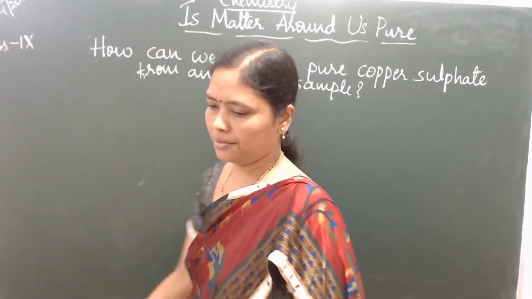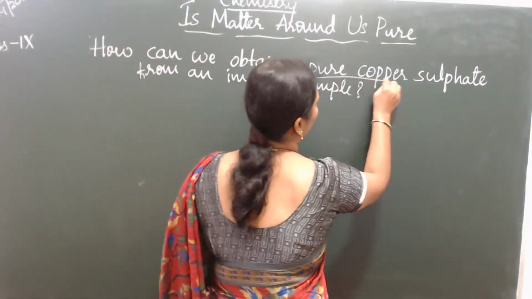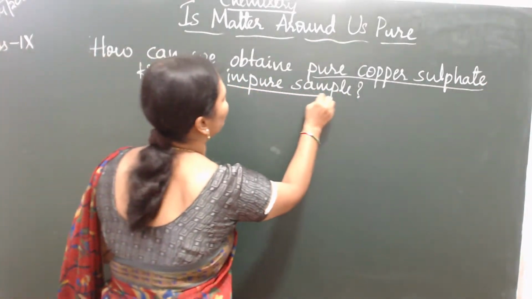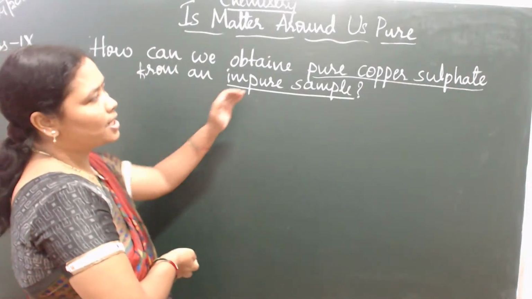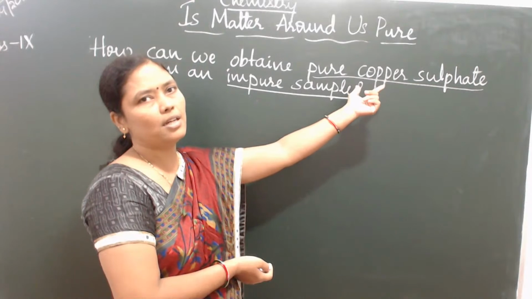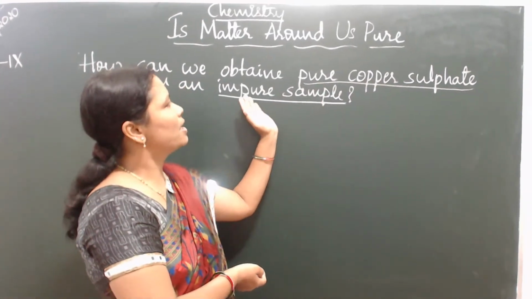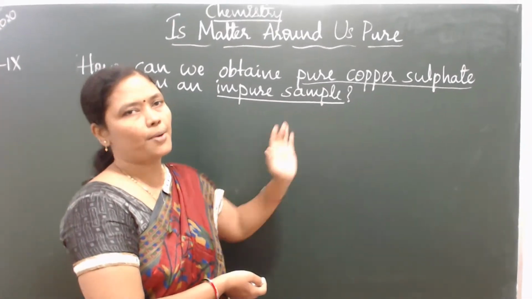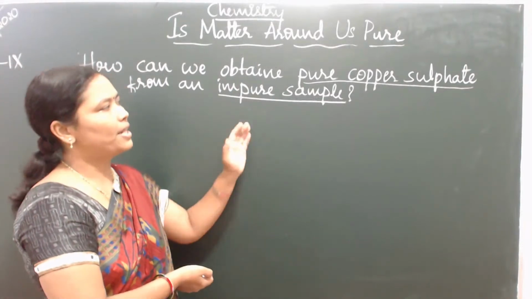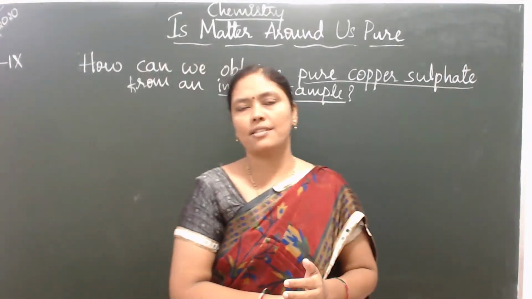Here we are separating pure copper sulfate from an impure sample, or instead of copper sulfate, we can separate pure sugar from an impure sample. How can we separate pure copper sulfate from an impure sample? That is with the help of the crystallization method.